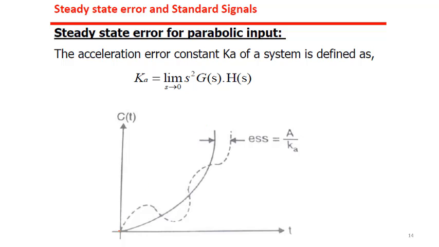Here we can see a typical parabolic curve: this is the actual curve, the desired curve, and here we can see the oscillatory curve which is following the desired curve path, and there is an offset between the actual and the desired curve. That offset is called the steady state error, given for a parabolic type of input as e_ss equal to A divided by Ka.